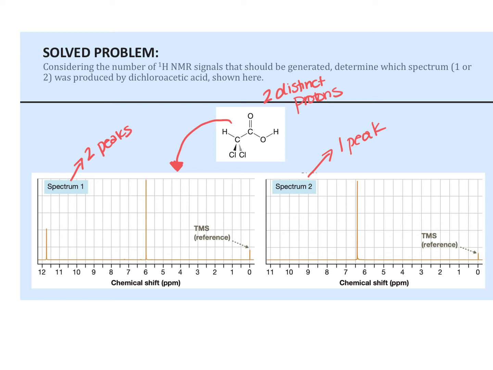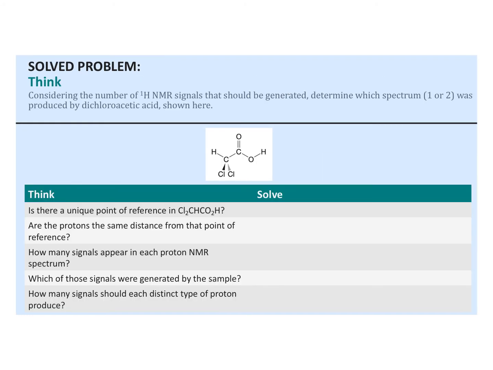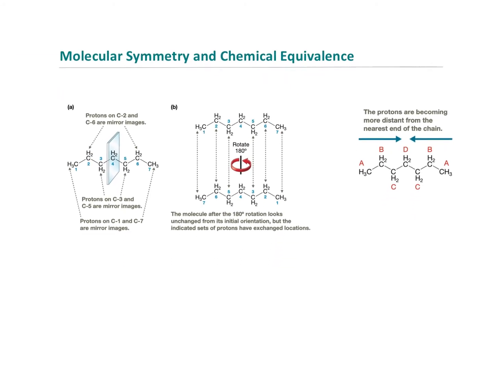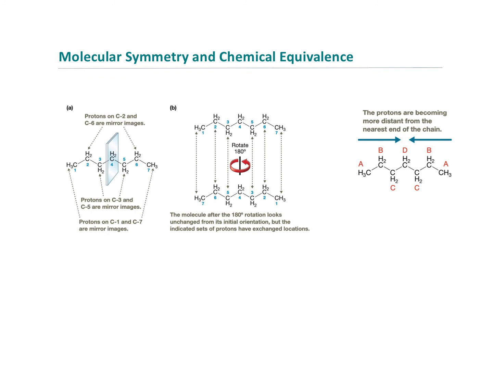So that's a way that we can use the number of protons to figure out and identify which spectra is associated with that. Now, we've already talked a little bit about symmetry, but we're going to go ahead and talk about it again. If we look at heptane, for example, it's a symmetric molecule and it's not going to have a unique point of reference. And so we could easily choose either end. And so you can see what he has done here is the same thing that we talked about, right?